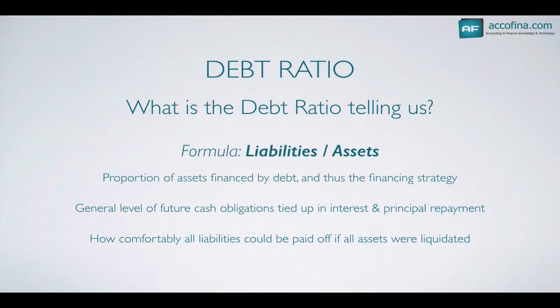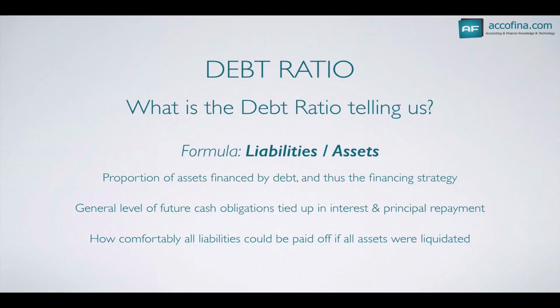You can also tell the general level of future cash obligations tied up in interest and principal repayments. So if there's a higher debt ratio, you can assume that for a longer period of time, there will be cash obligations related to interest or a larger principal repayment in the end. And also one of the key benefits is you can tell how comfortably all liabilities could be paid off if all assets were liquidated.